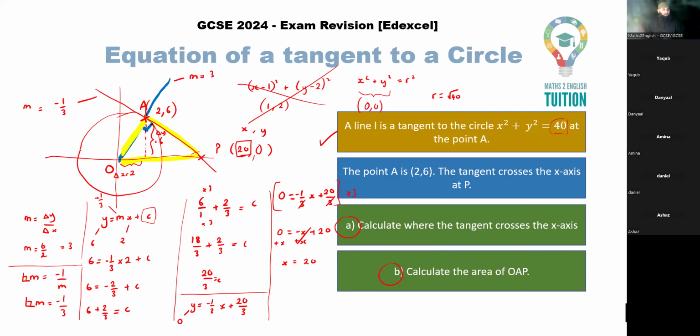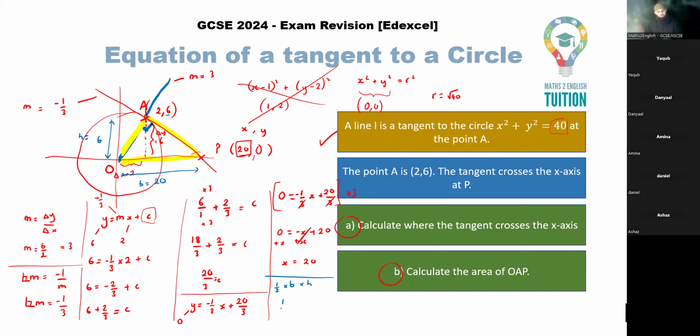Remember the formula for the area of a triangle, half times base times height. The height is 6 and the base is 20, so I multiply them by each other and divide by 2.